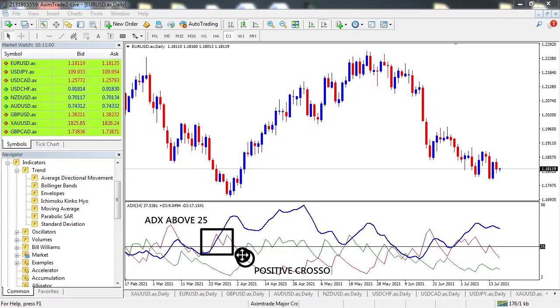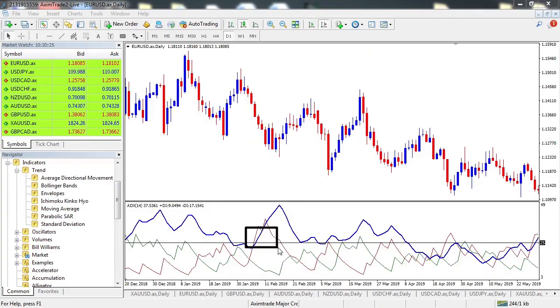It is known as a bullish ADX crossover or positive ADX crossover. When the ADX line is above 25 and the positive DI line goes downwards from above to below the negative DI line, it is known as a bearish ADX crossover or negative ADX crossover.